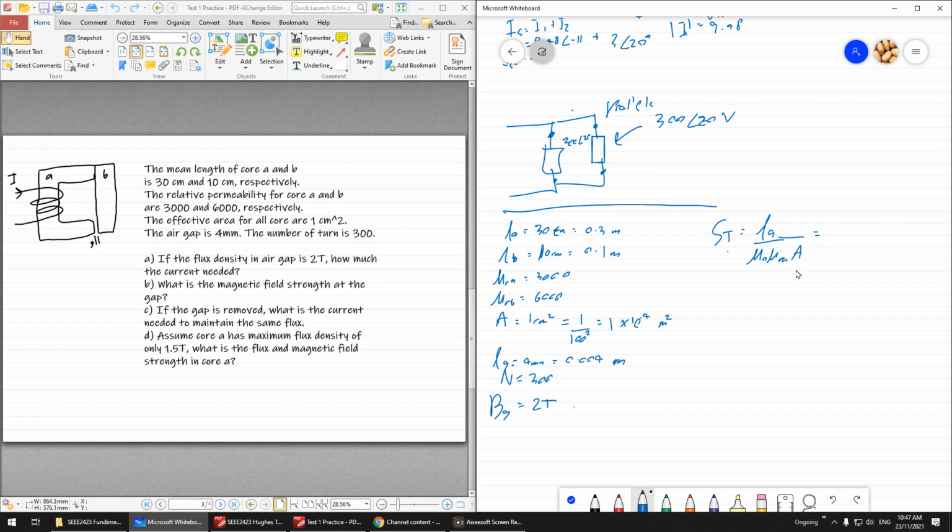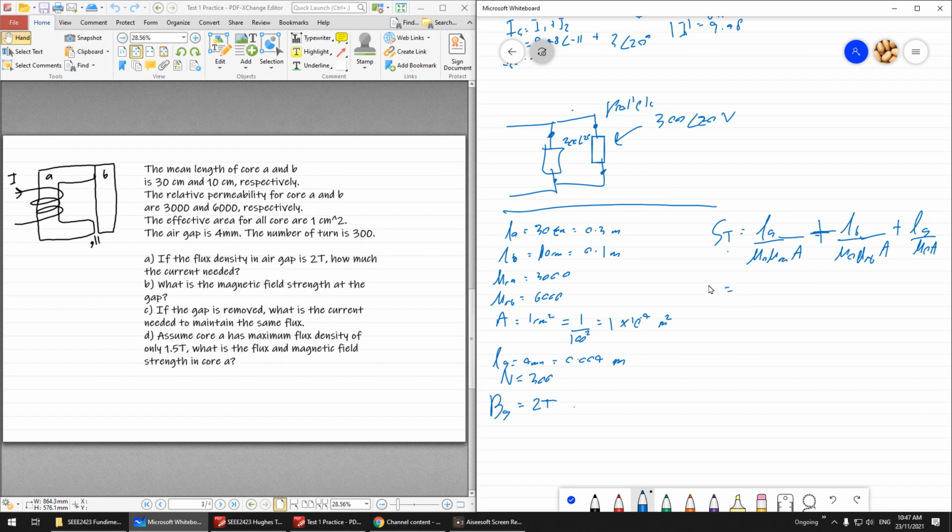Don't forget to add because this is in series. So you can see here this is all in series, plus LB divided by mu naught mu rB A, and then plus L gap divided by mu naught A. For the gap, mu r is 1, unity, so just leave it out.